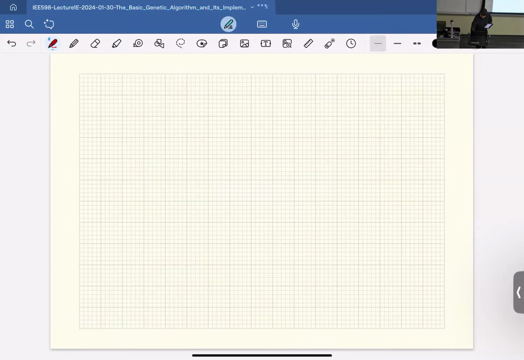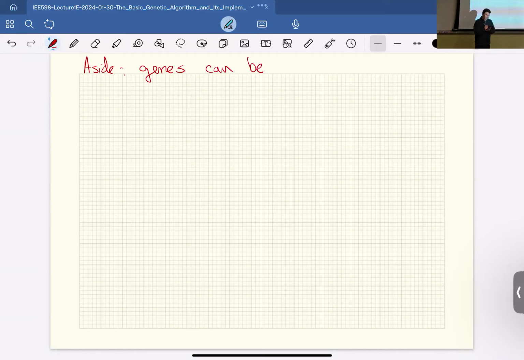Maybe I'll at least mention it here since they brought up floating point numbers, as an aside: genes can be place values of numerical representations.